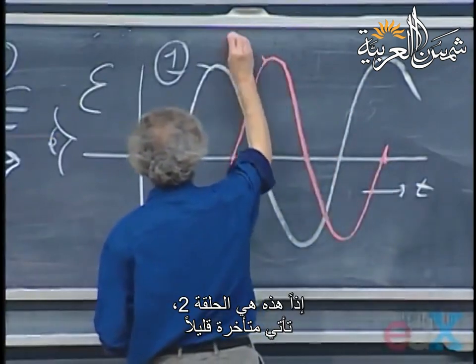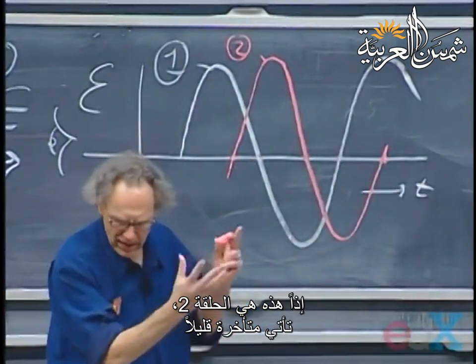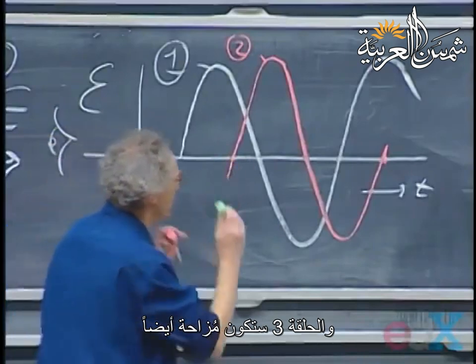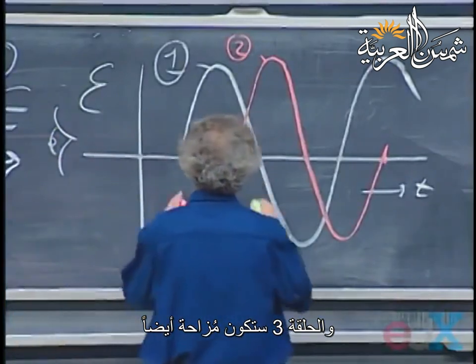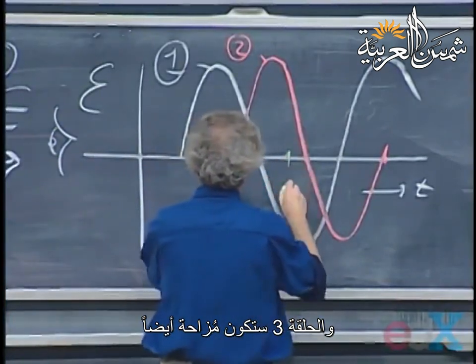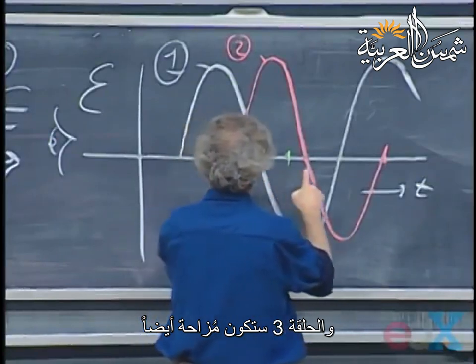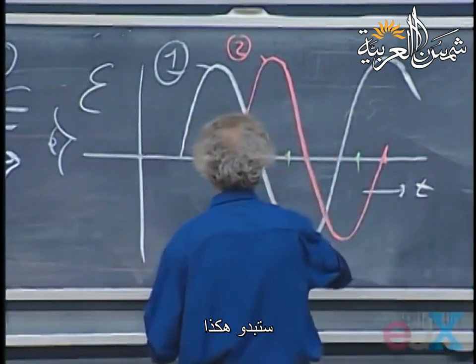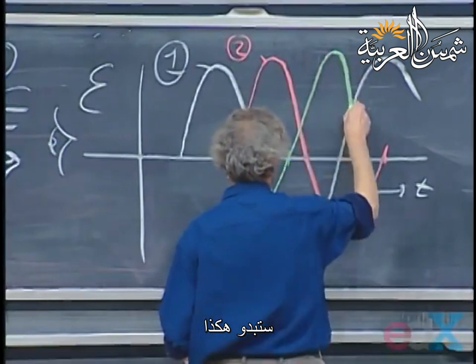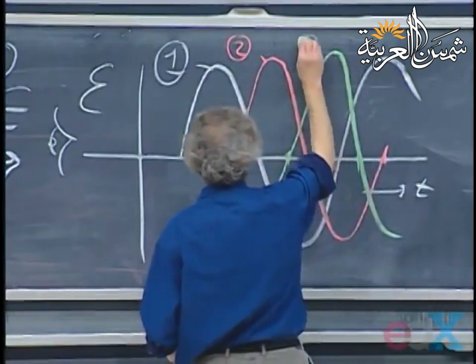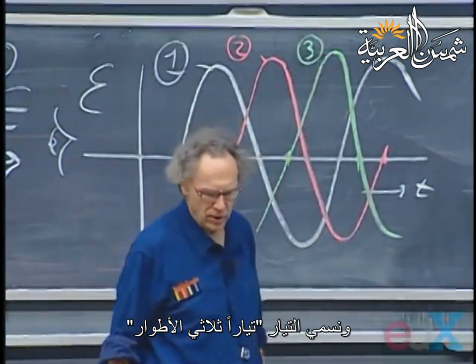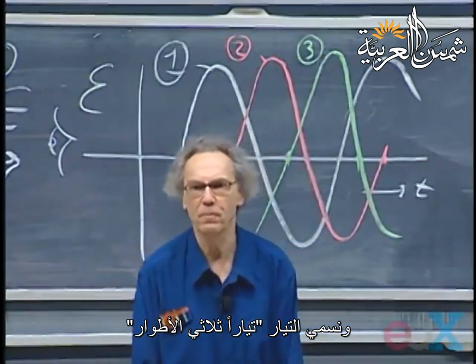So this is loop number 2. Comes a little later in time, and number 3 will again be offset. Will look like this. Number 3. And this we call a 3-phase current.